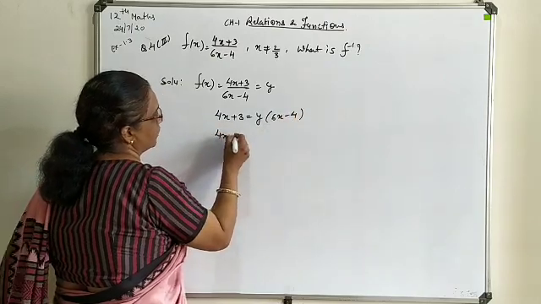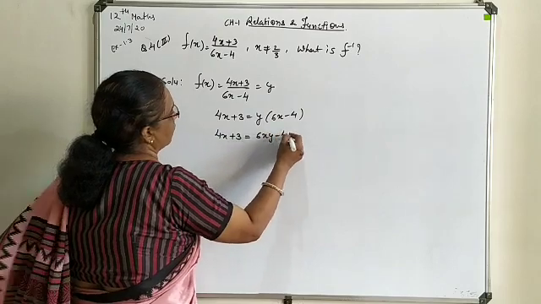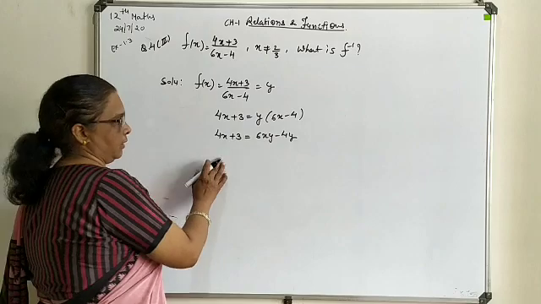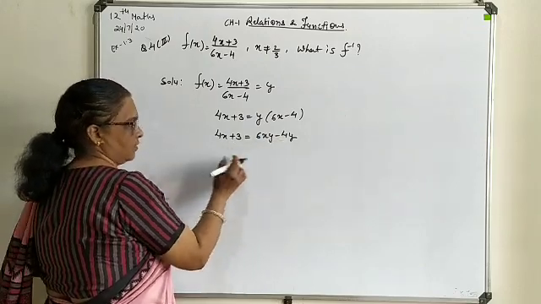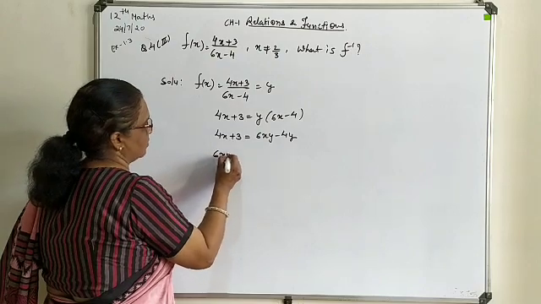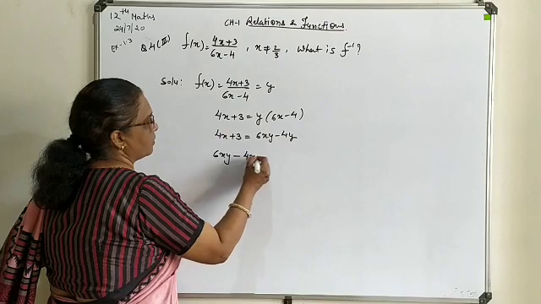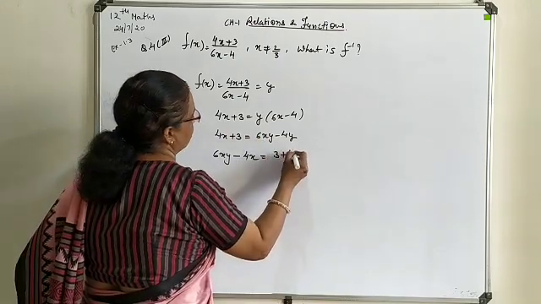This is 4x + 3 = 6xy - 4y. Here x terms get combined, y terms or constants get combined. So in order to do that, this 4y we are going to shift here, and this x term over there. So it is 6xy - 4x, and this will be shifting over here: 3 + 4y.